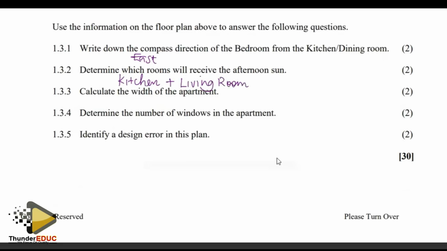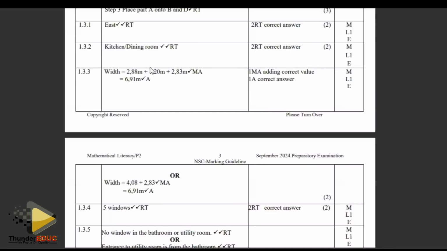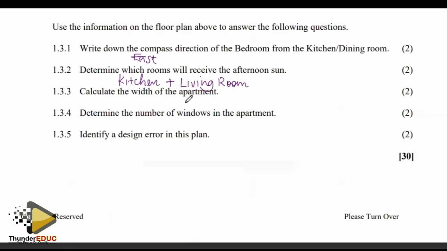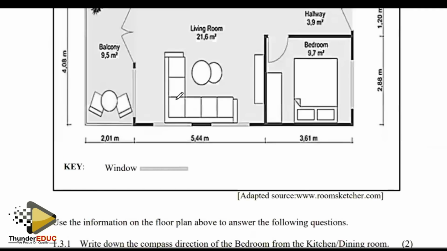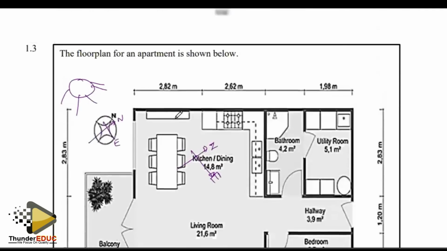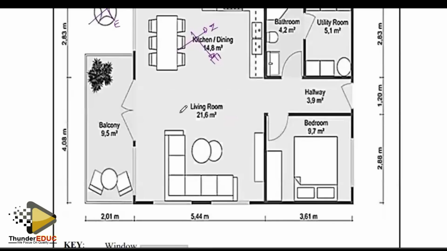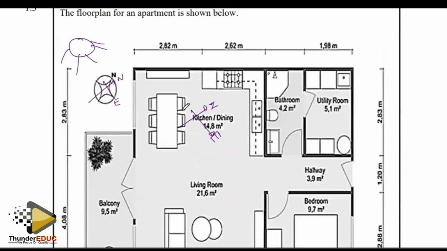Calculate the width of the apartment. They want us to calculate the width of the apartment. So we are looking for the width of the apartment. We go to the apartment and we see the width of the apartment, which is the shorter side.